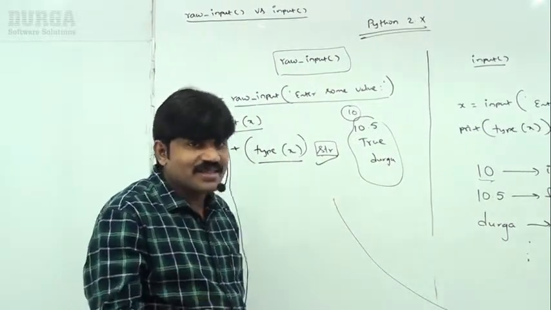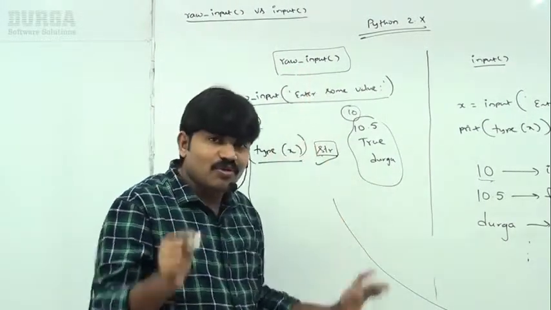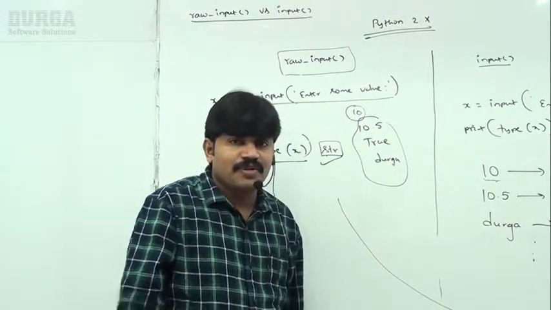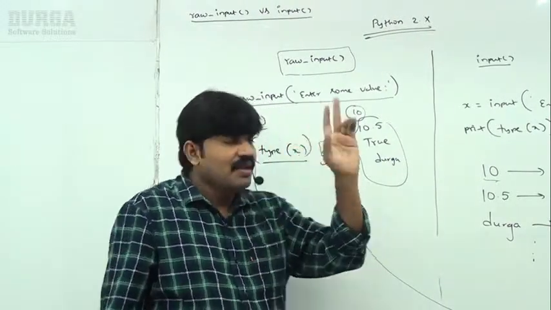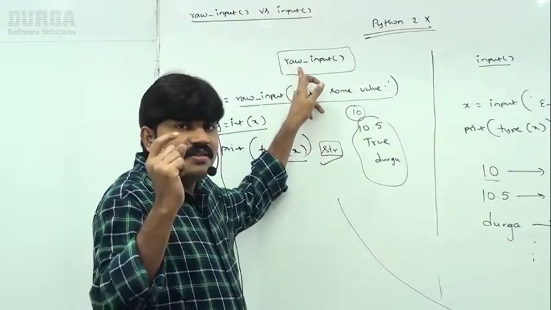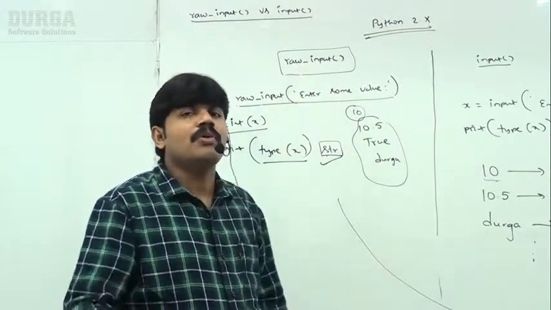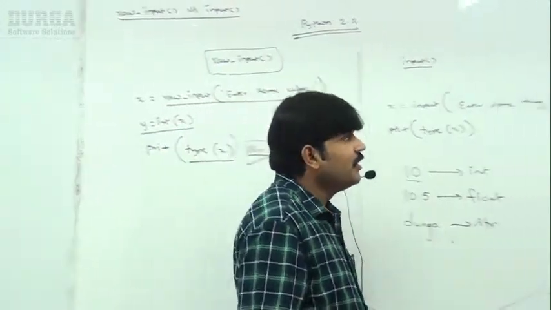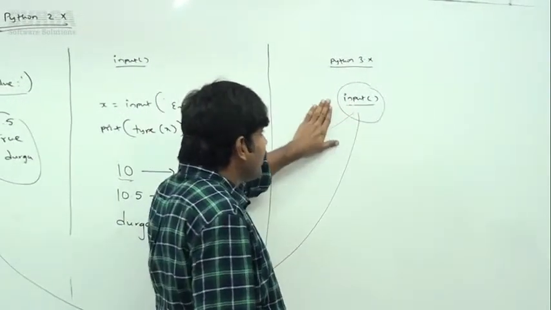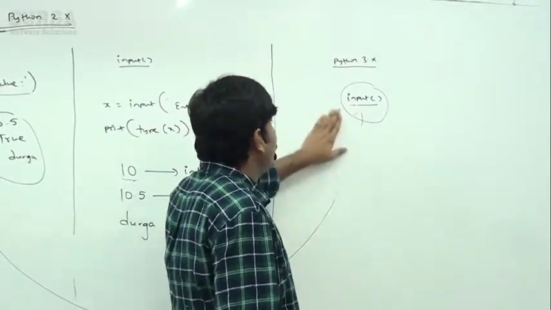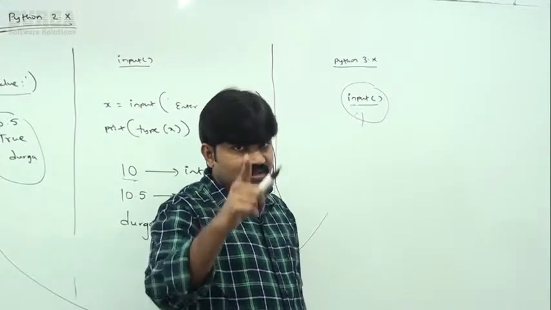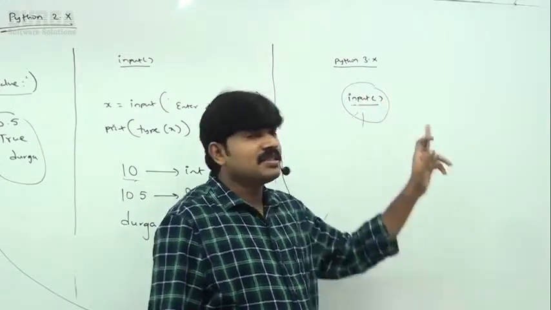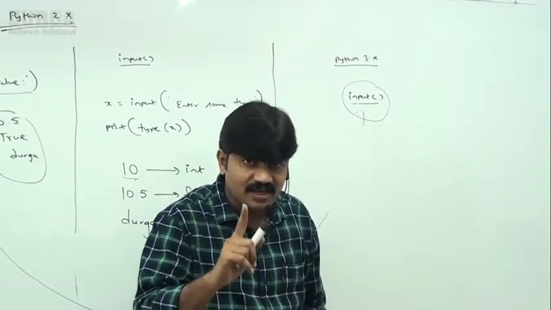In Python 2.x, however the raw_input function behaves, the same way the Python 3.x input function behaves. Remember, the raw_input function name is renamed to input function in Python 3.x. That's why the return type of this input function in Python 3.x is always str type only. Whatever type you provided, it is always treated as str type only.